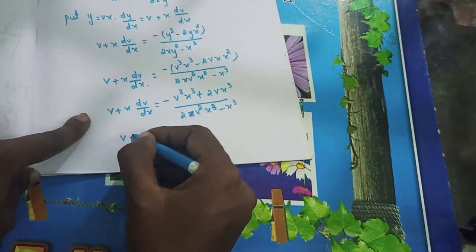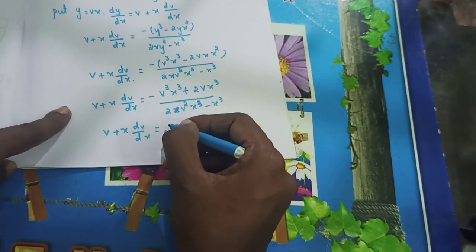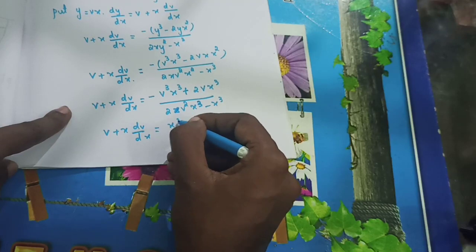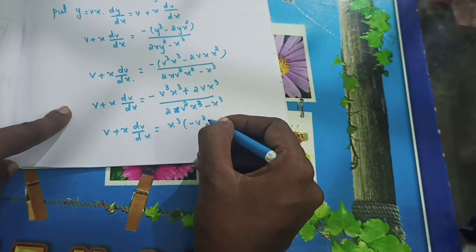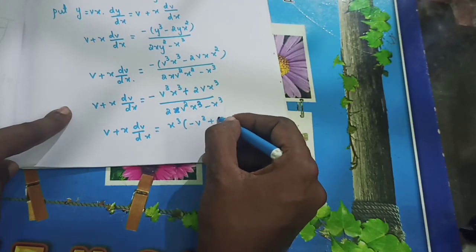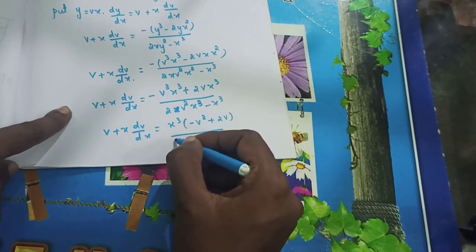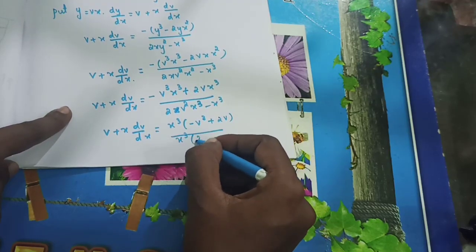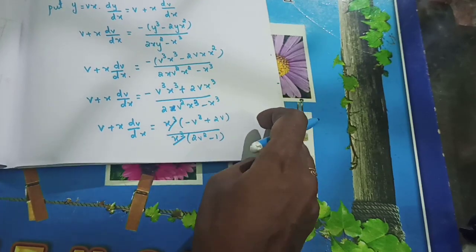So v plus x into dv by dx is equal to, in the numerator x cube is common. If you take it outside you will get minus v cube plus 2v. Divided by, in the denominator also x cube is common, so 2v square minus 1. So x cube and x cube will get cancelled.